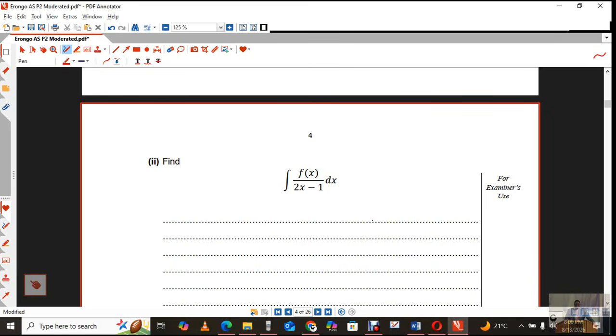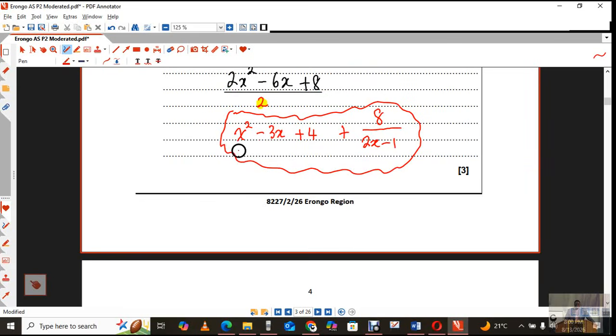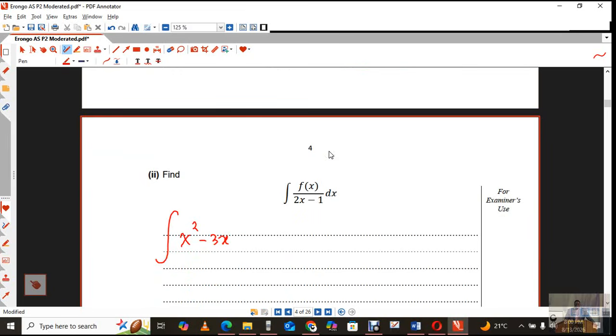I'm just going to rewrite what I have. The whole function is actually x squared from before minus 3x, okay? This is the stuff that I'm writing. This is my little cloud kind of thing, plus 4, okay?